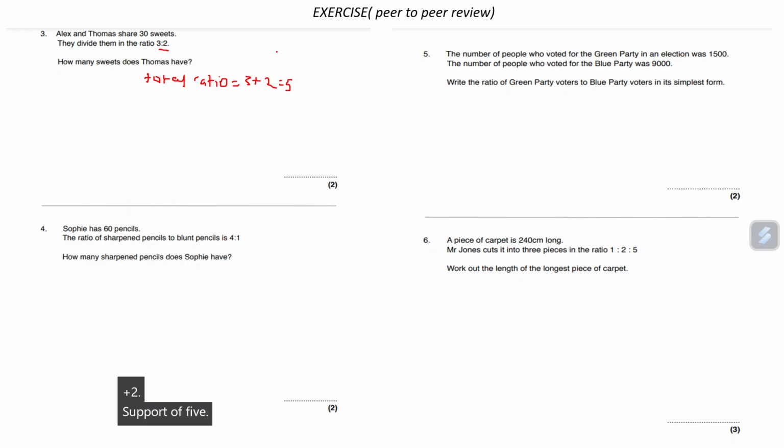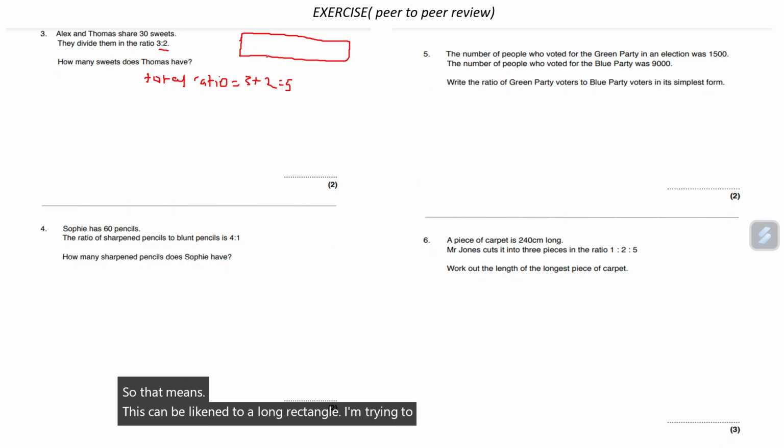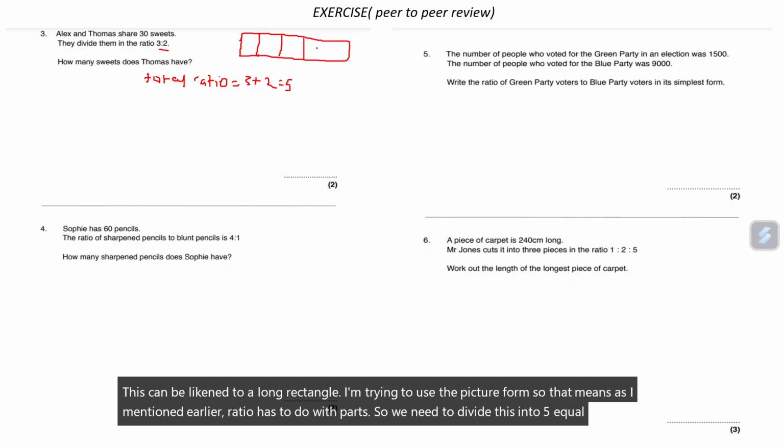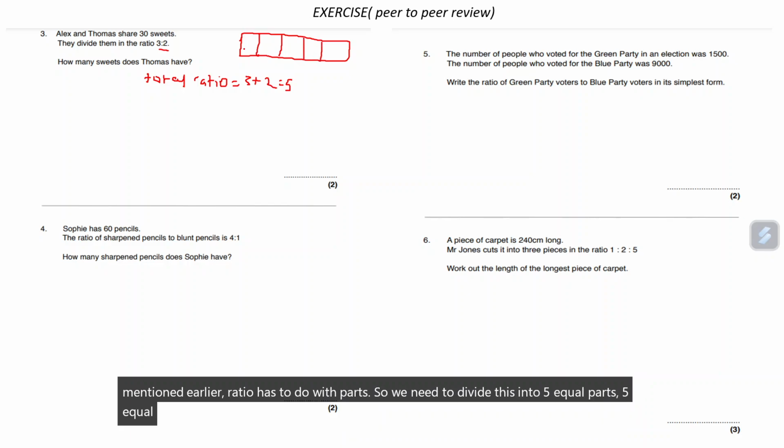So that means this can be likened to a long rectangle. I'm trying to use the picture form. As I mentioned earlier, ratio has to do with parts. So we need to divide this into 5 equal parts. 1, 2, 3, 4, 5.